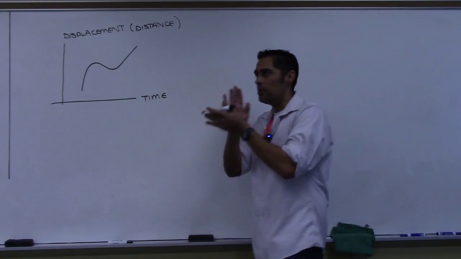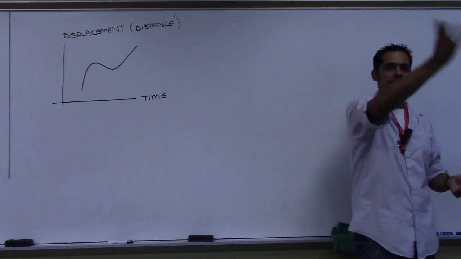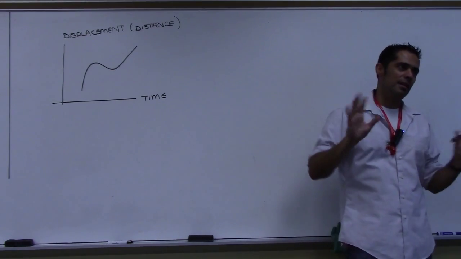It's called rectilinear motion. It's basically something moving in a straight line. Once you start moving things in 3D space, in non-straight lines, things get a little more complicated.